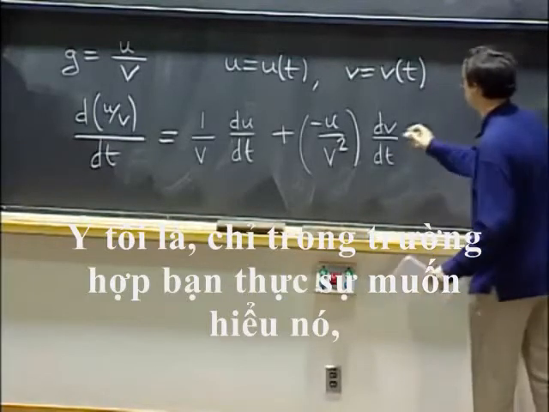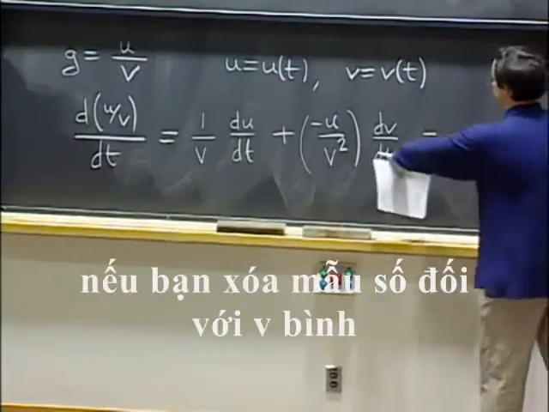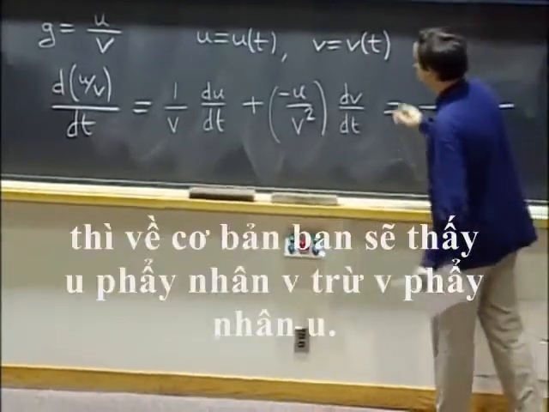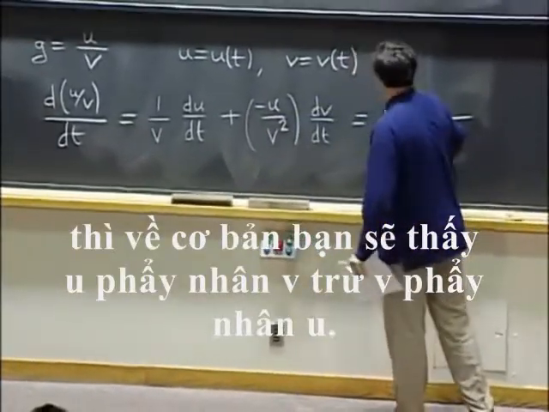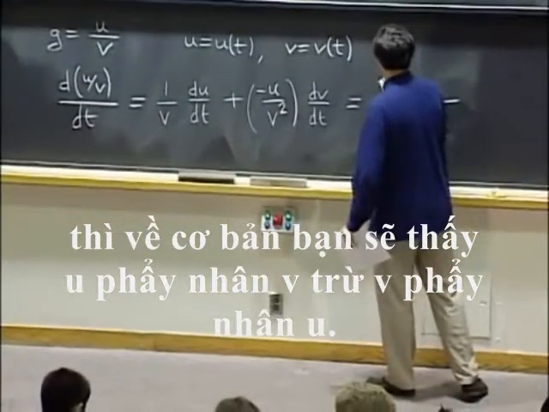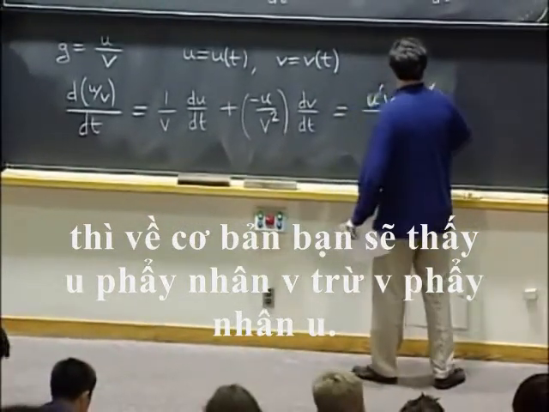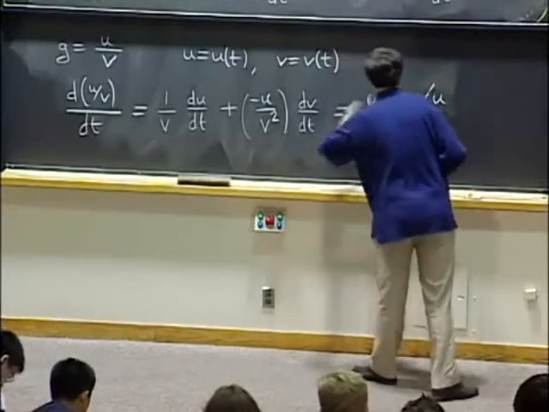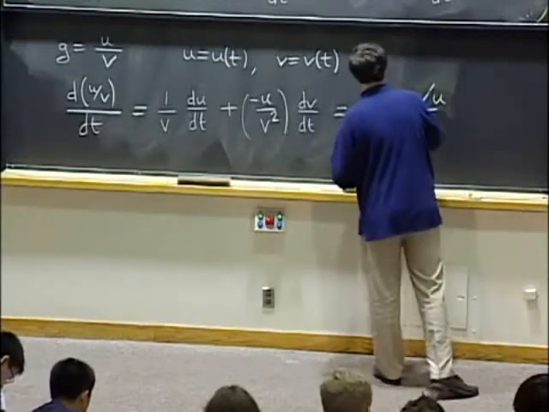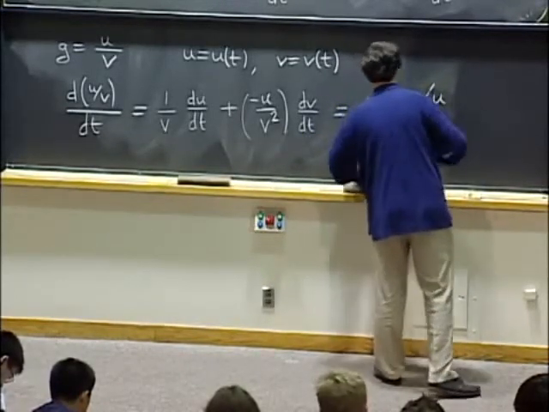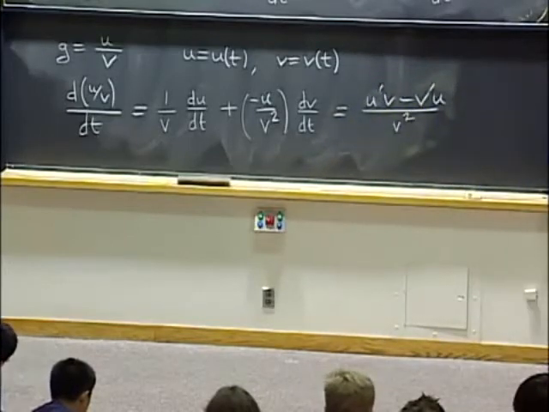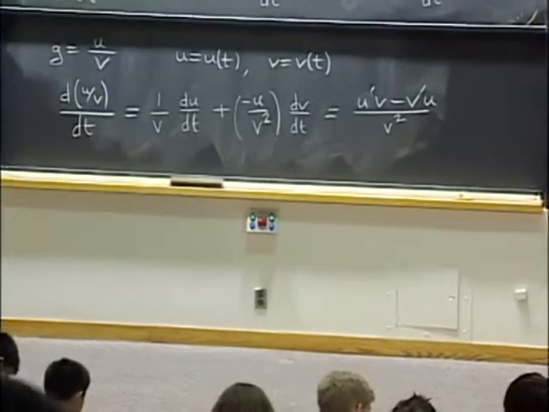I mean, just in case you really want to see it, if you clear denominators to put the v squared, then you will see basically u prime times v minus v prime times u.